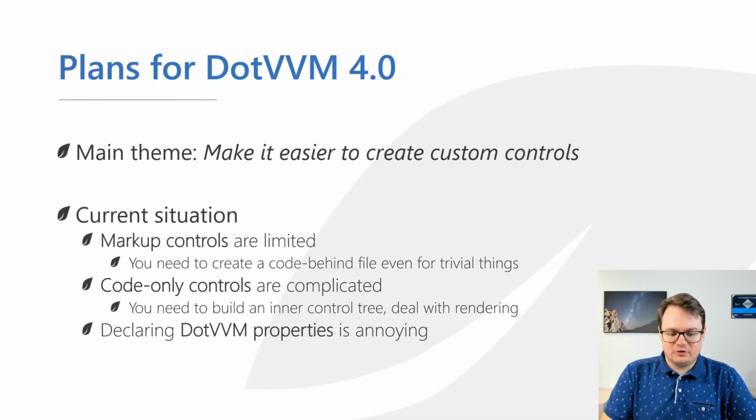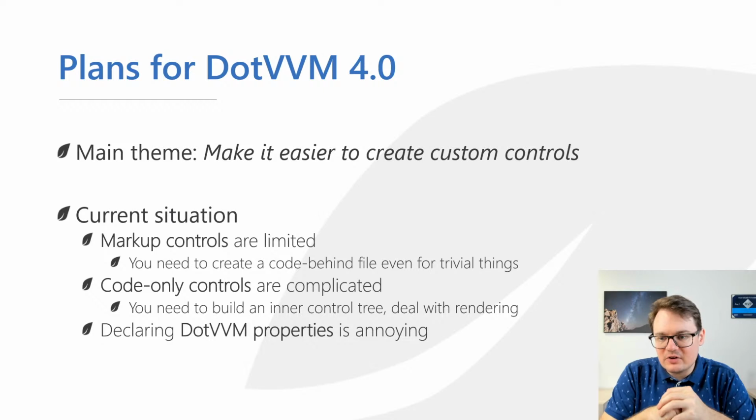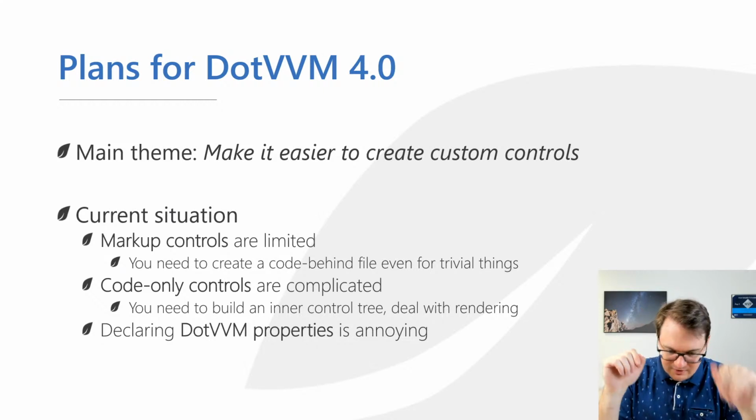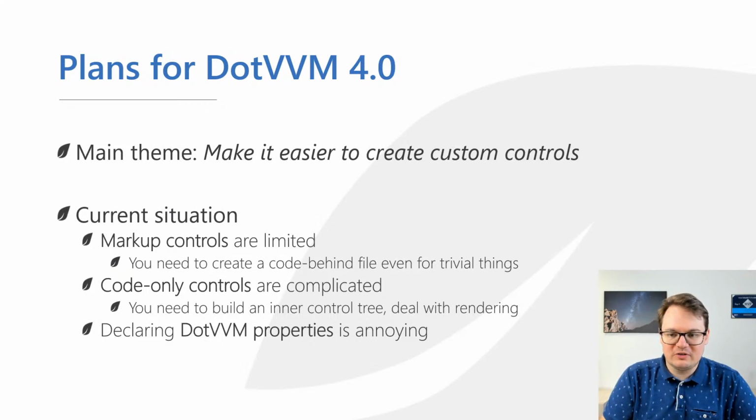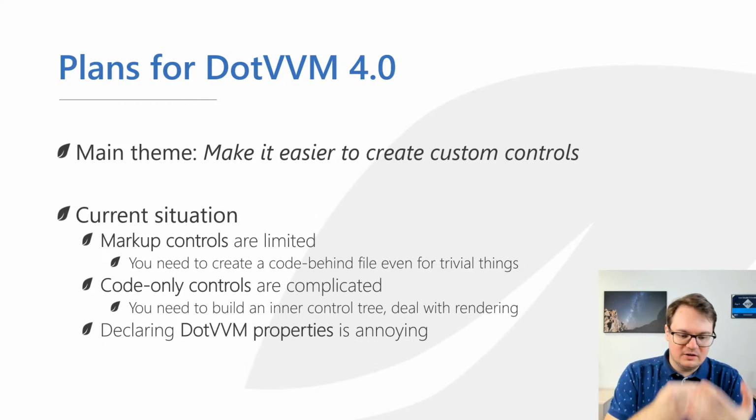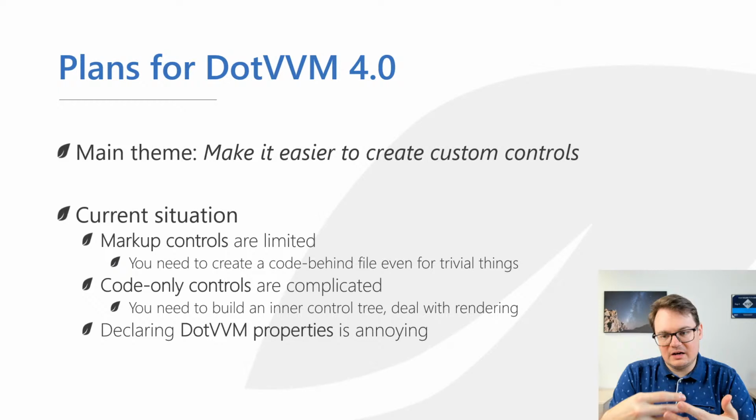Yeah. And also what bothers me is how DotVVM properties are declared. They are not just regular properties with get and set and auto-generated bodies, but you need to use the code snippet, type prop and press tab, and it will generate this crazy bunch of code. It's similar to dependency properties in WPF. The reason is that the property needs to support the raw value and also the data binding expression.